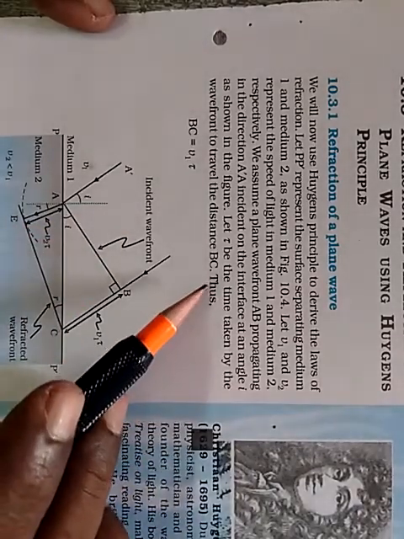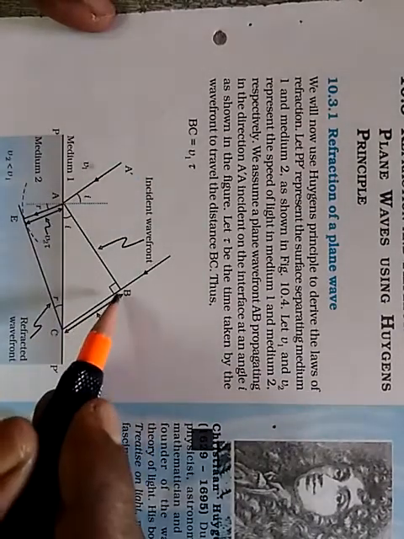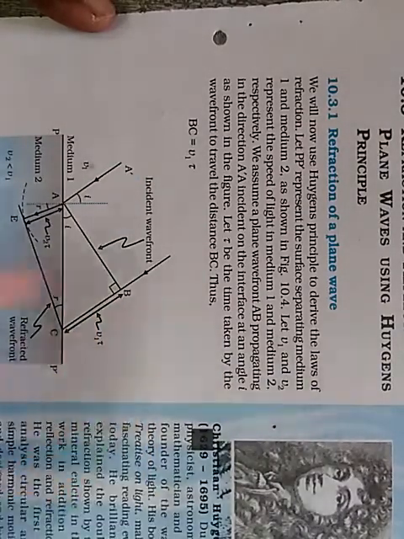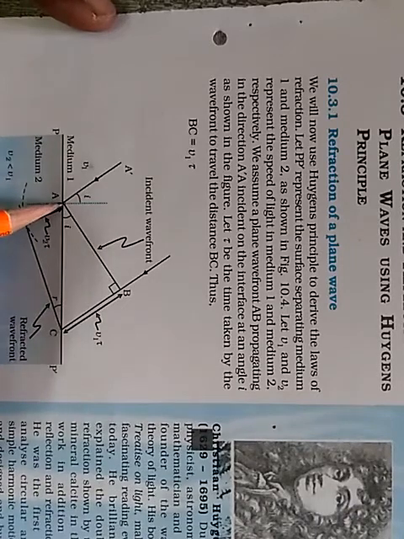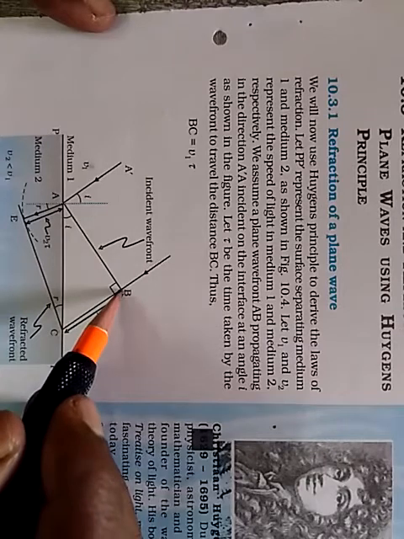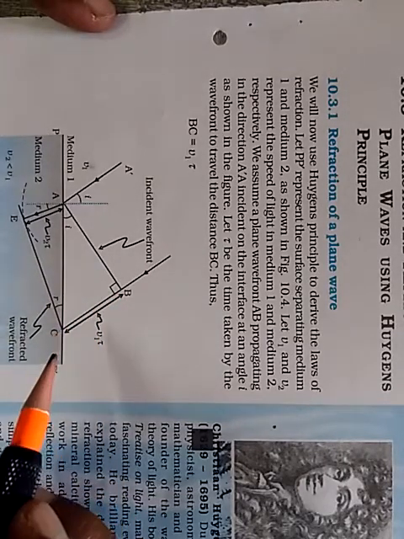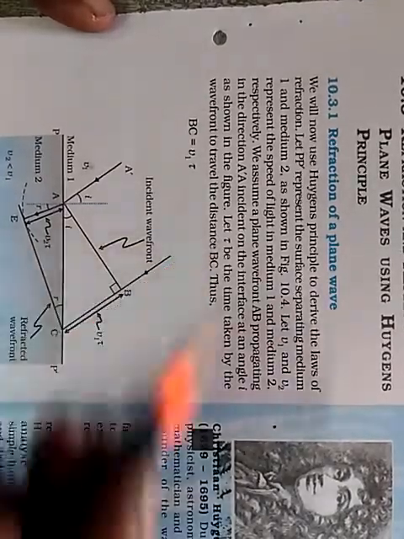Let tau be the time taken by the wavefront to travel the distance BC. The moment the wavefront touches at point A, the same wavefront will be at B. It takes some time to reach the point C. So that time is taken as tau.